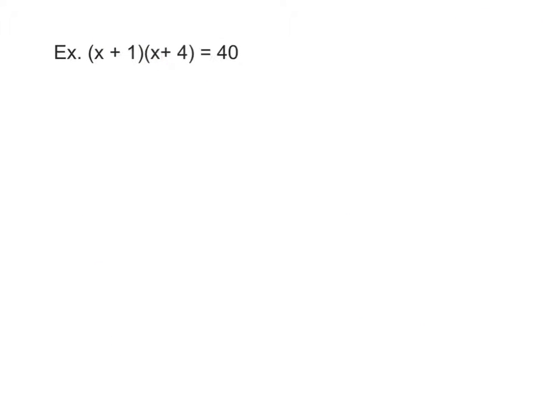Here's an interesting one that's already factored. The problem is I don't have a 0 on the right side. So basically, I'm going to have to expand this and start from scratch. I'm going to FOIL on the left. And then combine like terms.